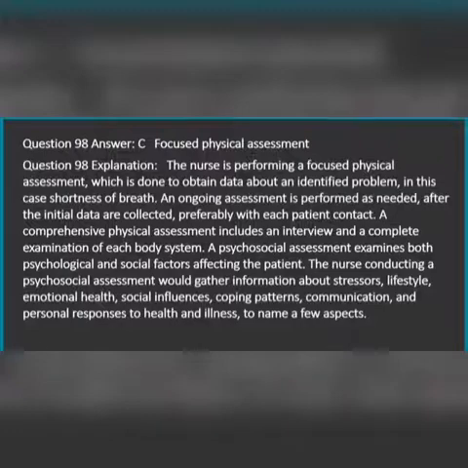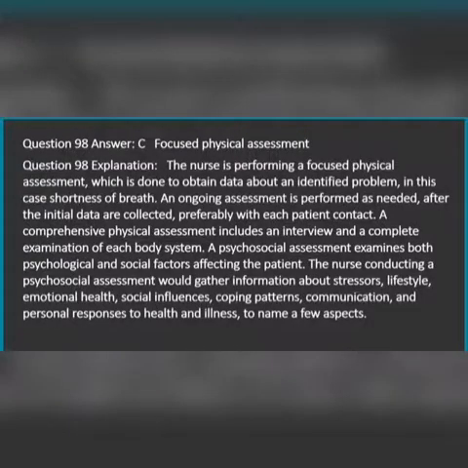Question 98 explanation. The nurse is performing a focused physical assessment, which is done to obtain data about an identified problem, in this case shortness of breath. An ongoing assessment is performed as needed, after the initial data are collected, preferably with each patient contact. A comprehensive physical assessment includes an interview and a complete examination of each body system.